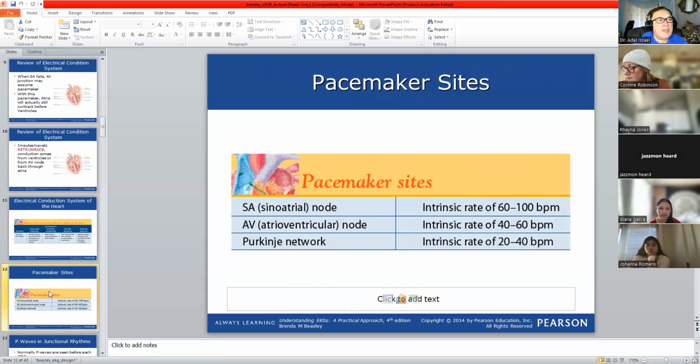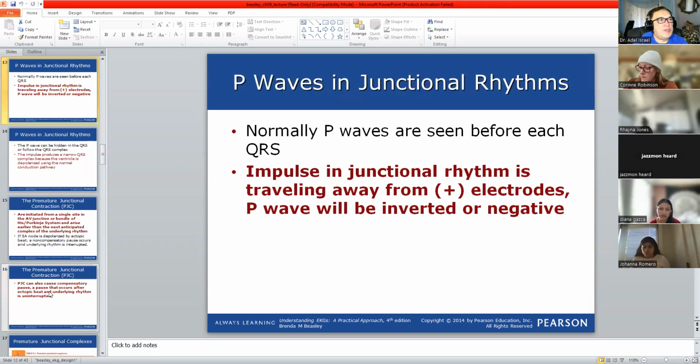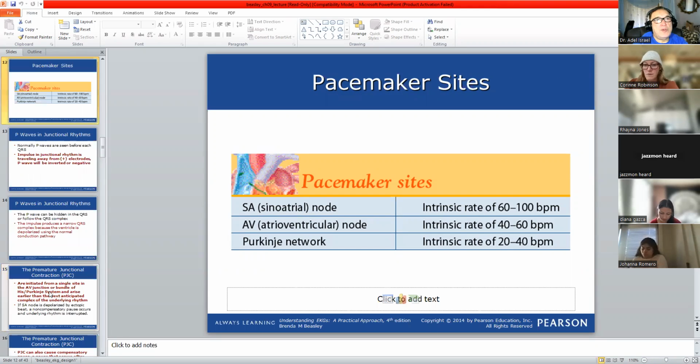And we have the flashcard to remind us about the firing rate for each one. For our subject today, the AV node and the bundle of His, it tells us 40 to 60 beats per minute. Okay.